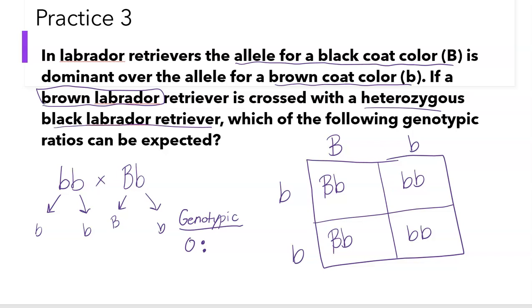So next we write heterozygous, and that is 50% or 2 out of 4. You can write it however you'd like. I'll change it up and do it this way this time. And homozygous recessive, there are 2 possible outcomes. So this is our genotypic ratio for this example.